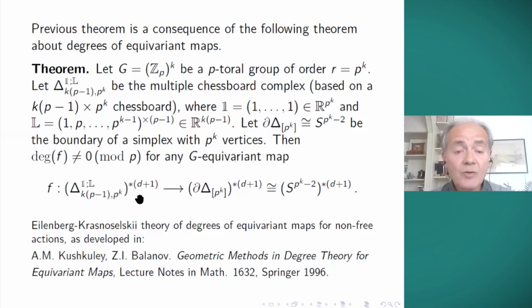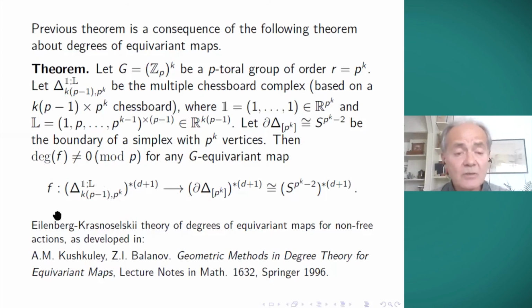So our result really follows from the following theorem, which says that this pseudo-manifold with singularities of high codimension, with group action, has the property that when you map it equivariantly to this sphere of this dimension, the degree must be non-zero. So this is the main technology we use.